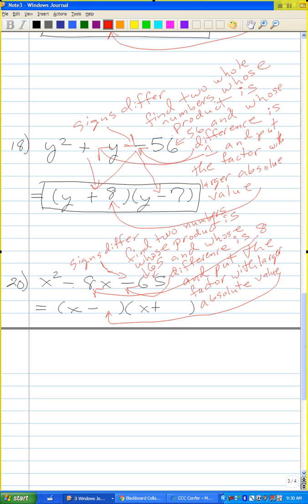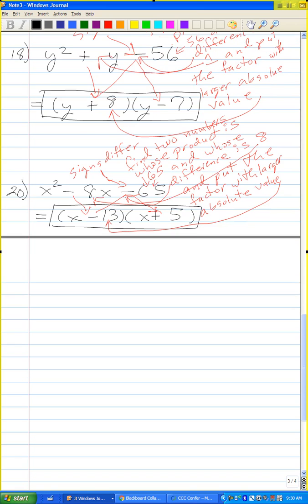Okay, so I drop down the minus times minus is plus. I want to find two whole numbers whose product is 65 and whose difference is 8. So 13 and 5.